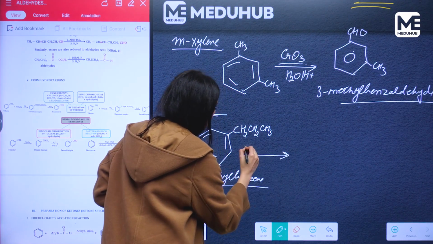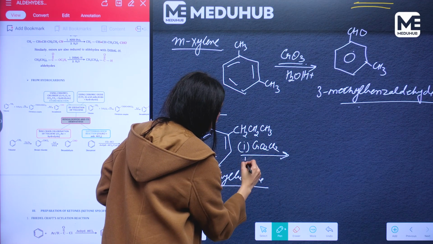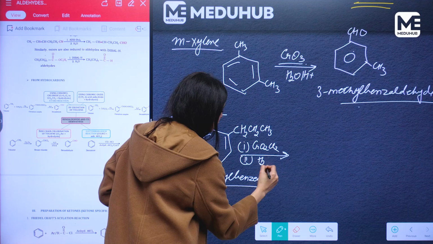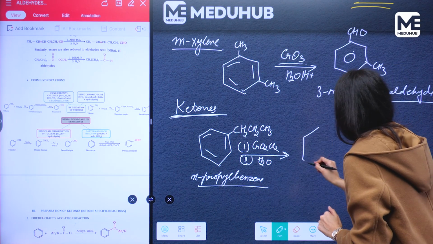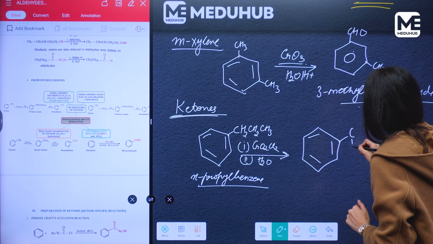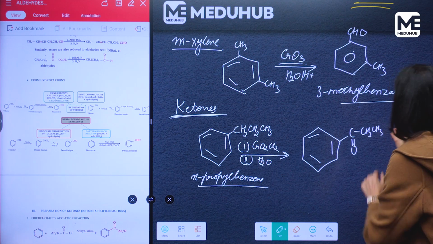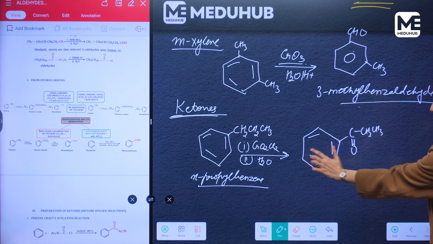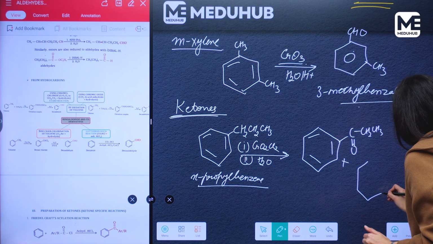When treated with CrO2Cl2, chromyl chloride, followed by hydrolysis, we will get a mixture of ketones here through rearrangement. So one would be this one, CH2CH3, which is an ethyl phenyl ketone, and we will get this one as well.